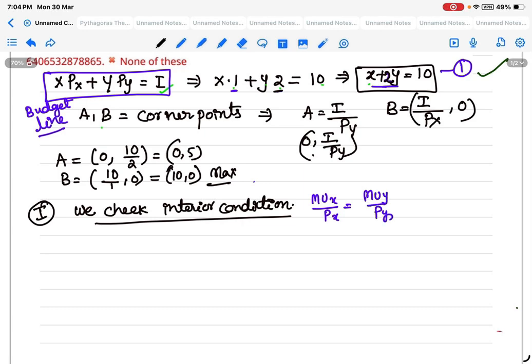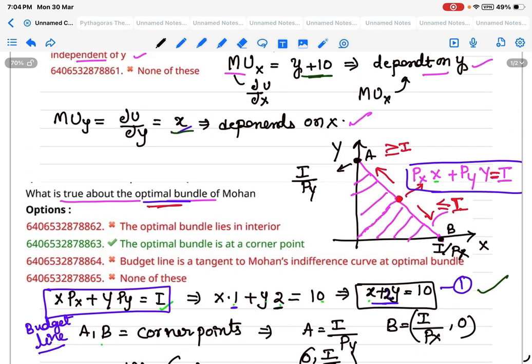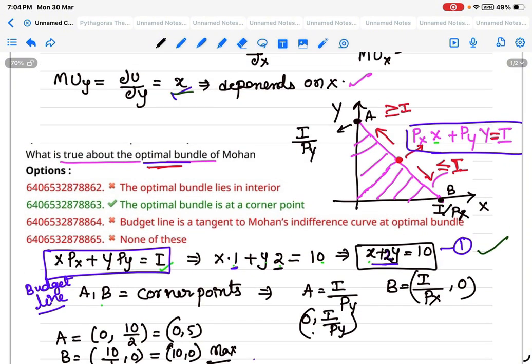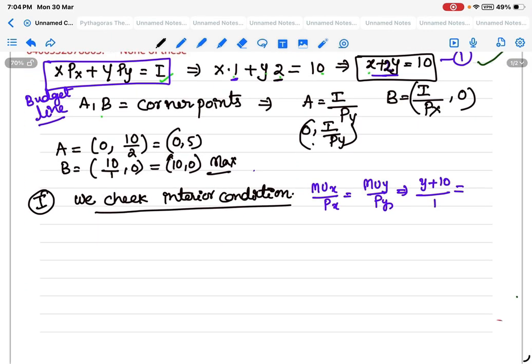MUx equals y plus 10, divided by px equal to 1, equals MUy, which is x, divided by py equal to 2.